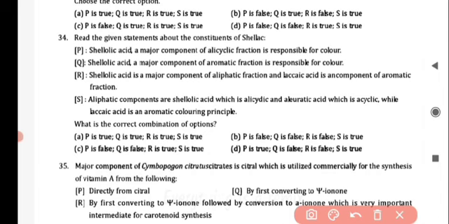S is aliphatic components are shellolic acid, which is alicyclic, and aleuritic acid, which is acyclic, while laccaic acid is an aromatic coloring principle. Now, what is the correct combination of options? Now, the correct answer for this is option C, that is P is false, Q is false, R is true, and S is true.